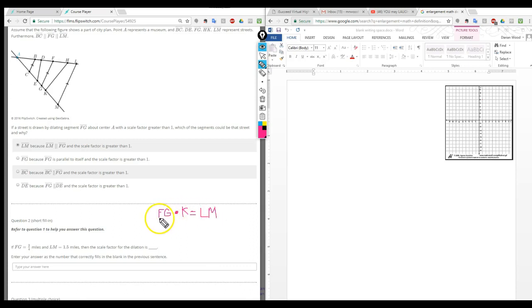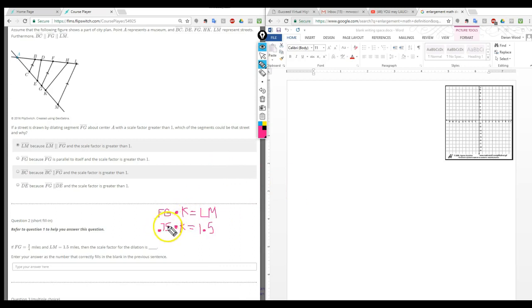So we know by substitution that FG was 3/4 of a mile. And I'm actually going to change this to a decimal because the length of LM is in decimal form. So I know that 3/4 is also represented by 0.75. So FG by substitution is 0.75 times K, our scale factor, and that's going to equal the length of LM, which is 1.5.